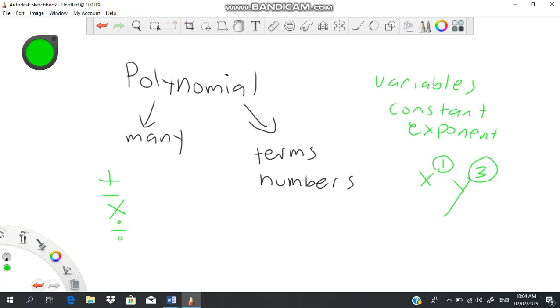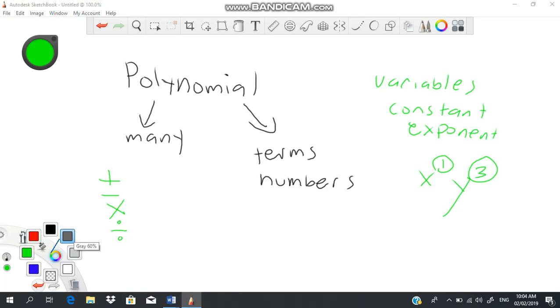And one thing is that if we could label what a polynomial is, we could also label the polynomials that are not polynomials. So what I mean is we could classify what is a polynomial and what is not a polynomial. So one thing about polynomials is they could not have a negative exponent.